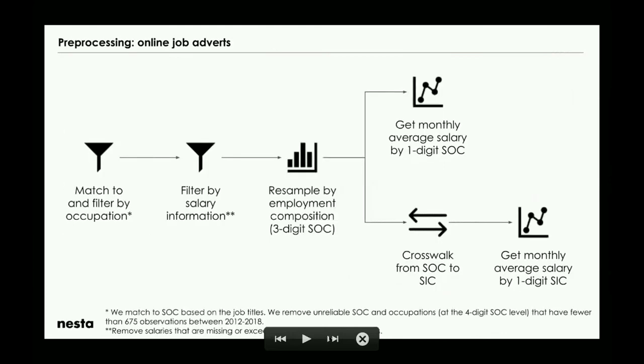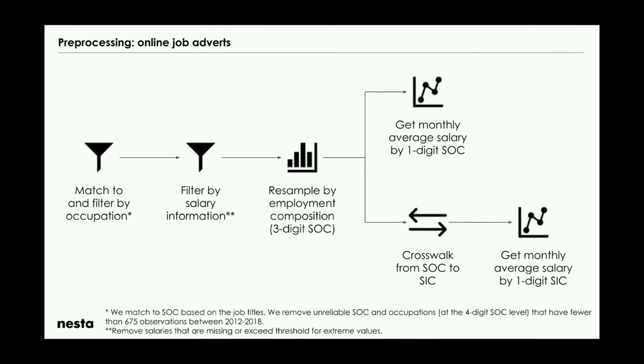But yes, we do need to do some pre-processing. I mentioned how the occupation might not always have been matched as accurately as possible, so we try to improve on that by using clean job titles, also using the ONS index of job titles and trying to match those to occupations.